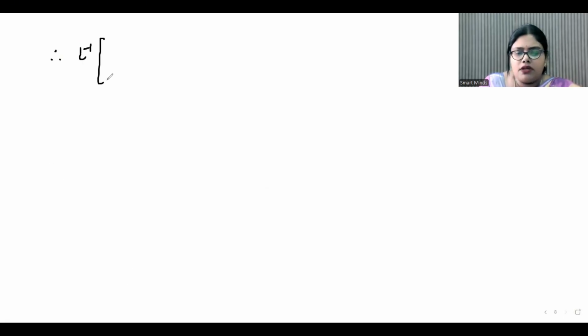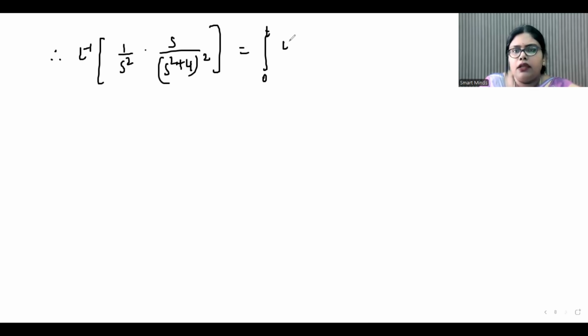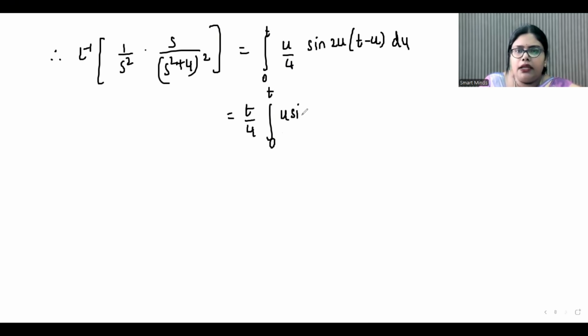Therefore, L inverse of 1 by s square into s by (s square plus 4) whole square is equal to integral 0 to t of u by 4 sine 2u into (t minus u) du. So that is t by 4 integral 0 to t u sine 2u du minus 1 by 4 integral 0 to t u square sine 2u du.